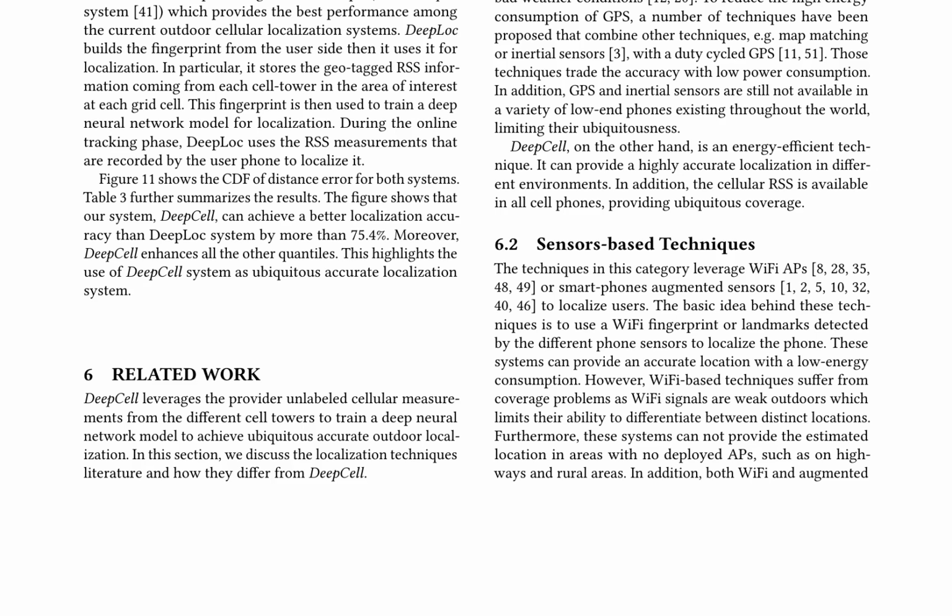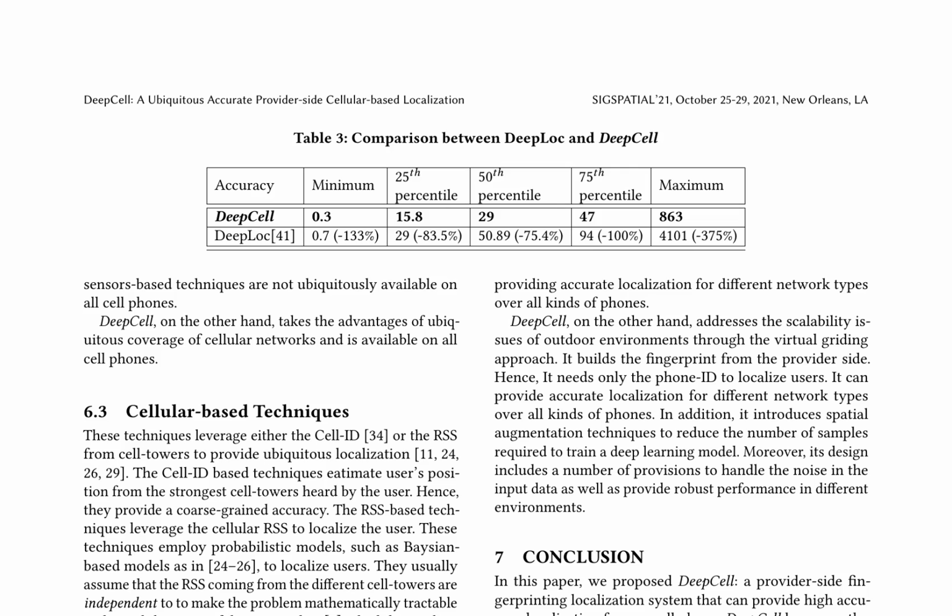Experimental results show that DeepCell achieves better localization accuracy than state-of-the-art systems, such as DeepLock, by more than 75.4%. The paper highlights the limitations of GPS-based and sensors-based techniques and the advantages of DeepCell's energy-efficient and ubiquitous coverage. DeepCell is a provider-side cellular-based localization system that leverages ubiquitous cellular network coverage to provide high-accuracy localization for any cell phone.